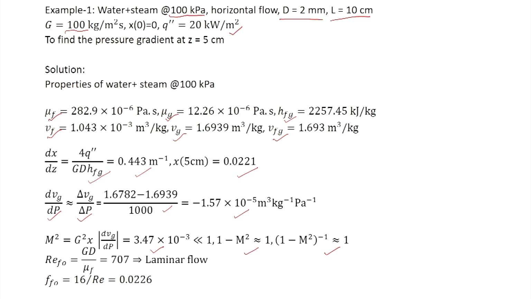Now, to calculate the frictional pressure gradient, we first calculate the Reynolds number, assuming that all the fluid is in liquid phase. So, Re_FO is equal to GD upon mu F, and that is equal to 707. And therefore, the flow is laminar, and then we can use the friction factor relation for laminar flow, which is 16 by Re, and we get this friction factor 0.0226.